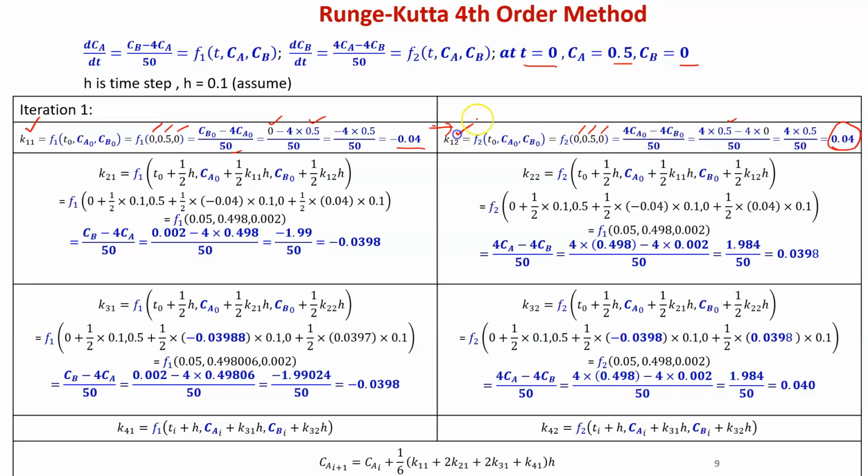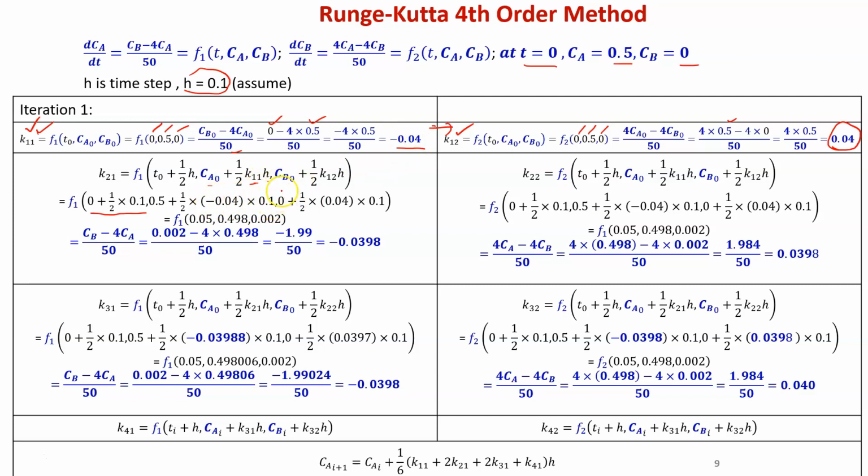Now after getting K11 and K12, we are going to calculate K21. K21 is again F1 of T0 plus half of H, CA0 plus half of K11 H and CB0 plus half of K12 H. Here H we are taking as 0.1. So T is 0 plus half into 0.1. CA0 is 0.5 plus half into K11, which we already know, minus 0.04, into H 0.1.